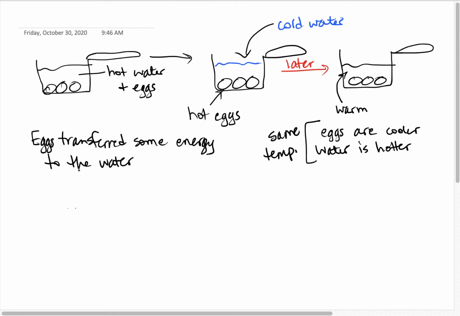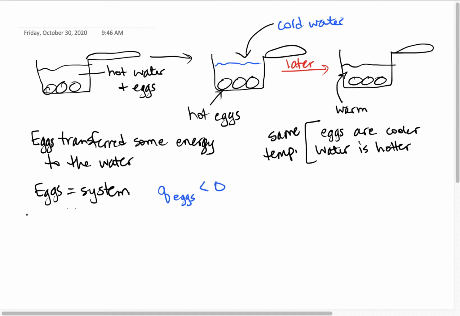So if I think about the eggs as the system, then heat left the system. So I will say Q eggs is less than 0.